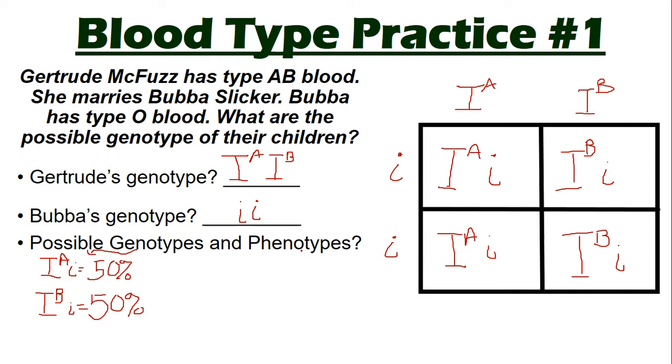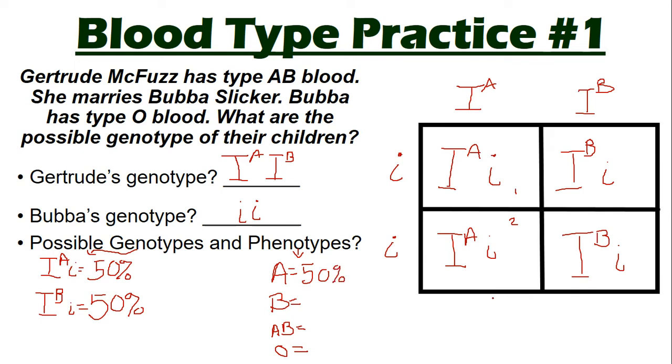All right, phenotypes. Remember, there's 4 blood types you can have: A, B, AB, and O. So how many of these genotypes are for type A blood? 1, 2. It's 50%.